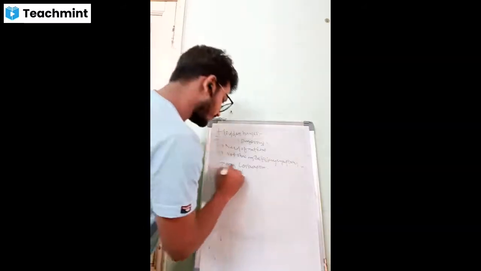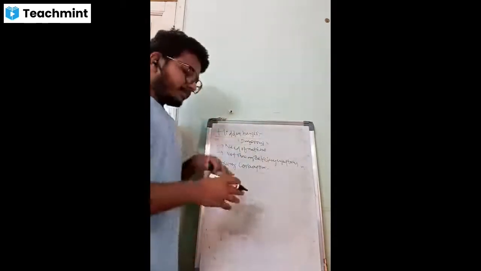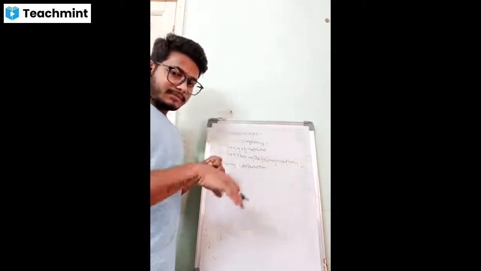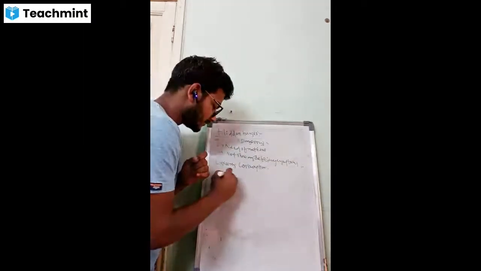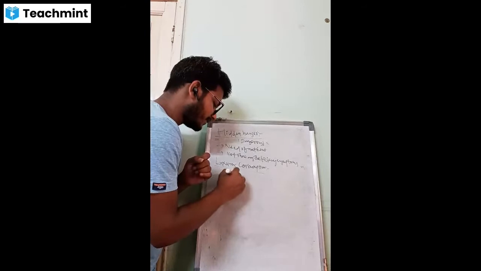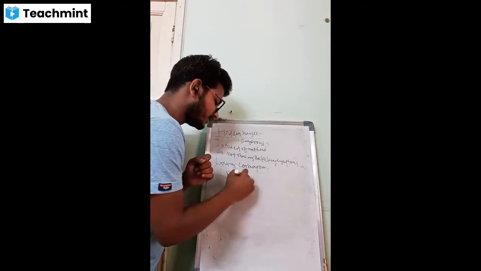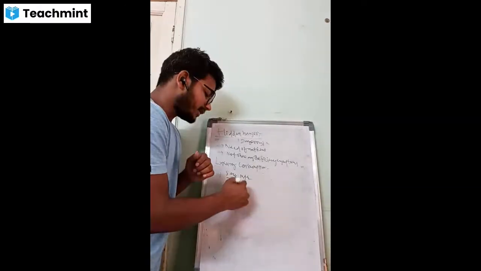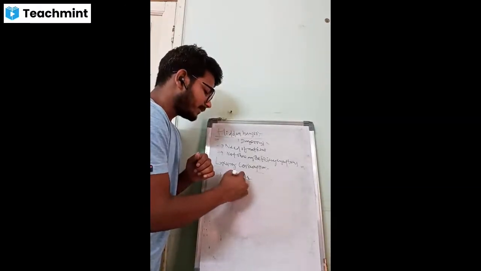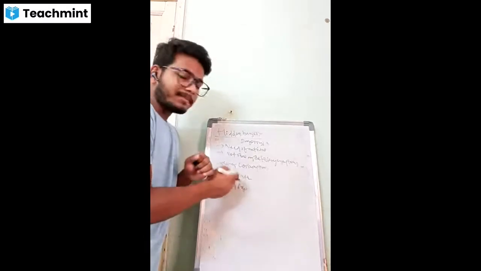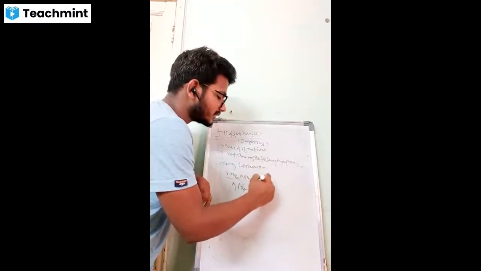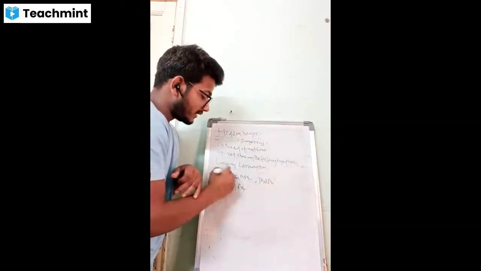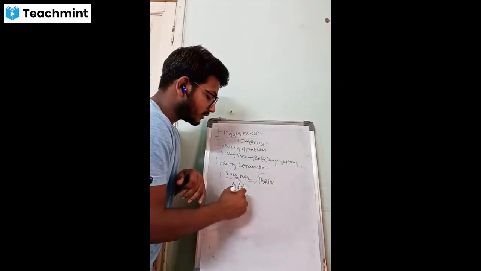Luxury consumption means a plant will take up nutrients more than enough. Suppose the recommended is 5 milligram. The plant will take 5 milligram in addition to 5 more. If that happens, there will be a chance of toxicity. Yes or no? But the toxicity will not show in this case.